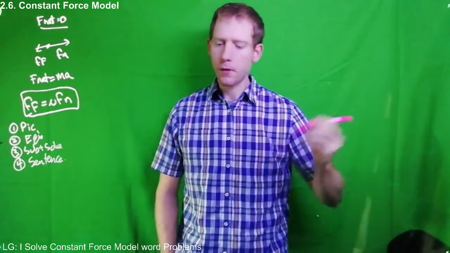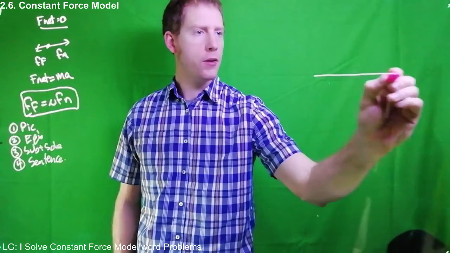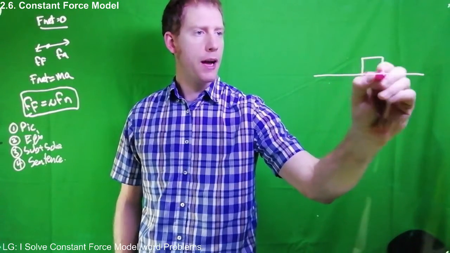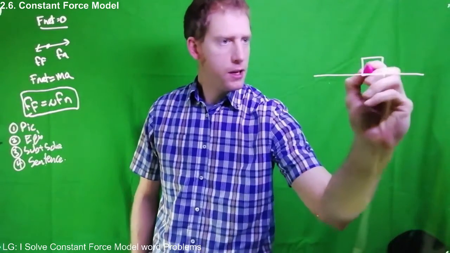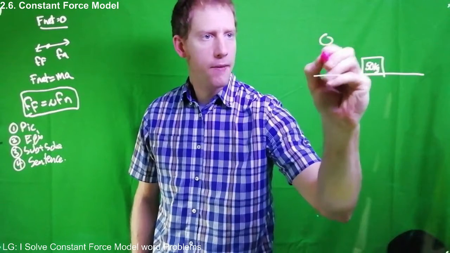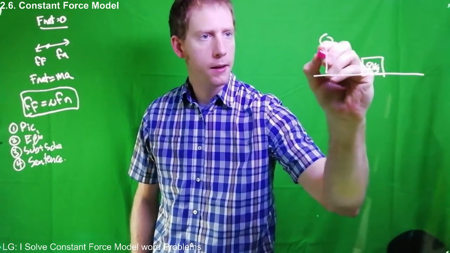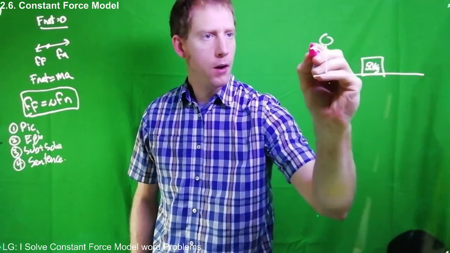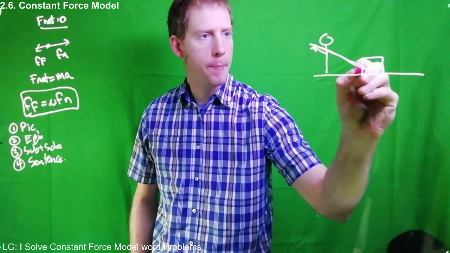Okay? So here's the problem I have. I have on the ground a box, and this box is 50 kilograms. And I have a guy here, and he is pulling a rope attached to the box, and he's pulling it up.